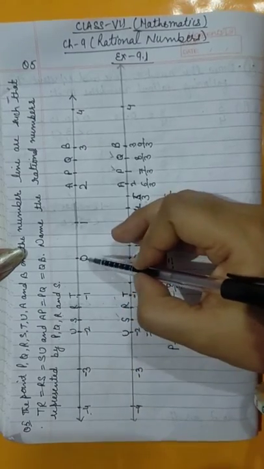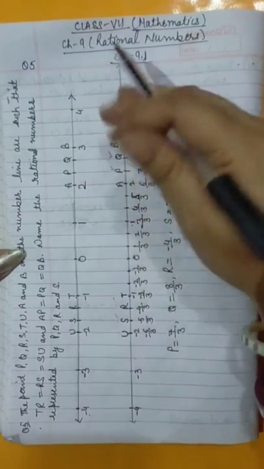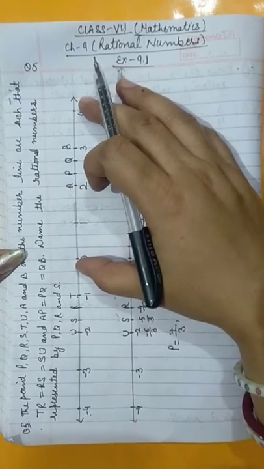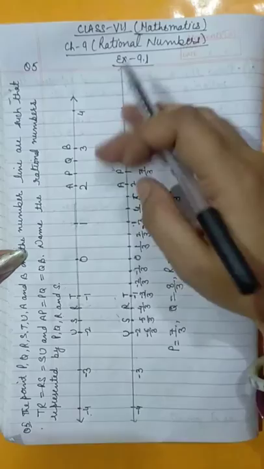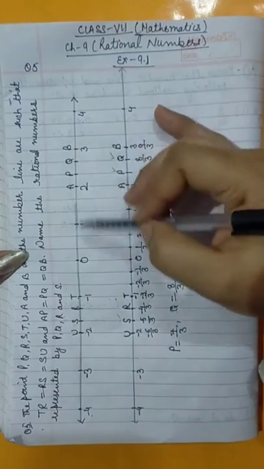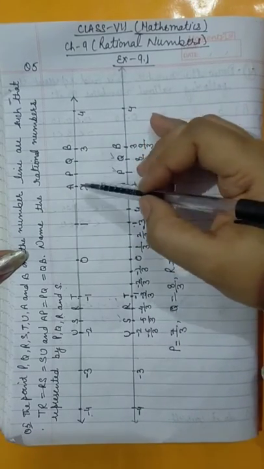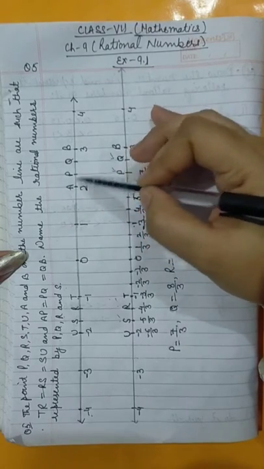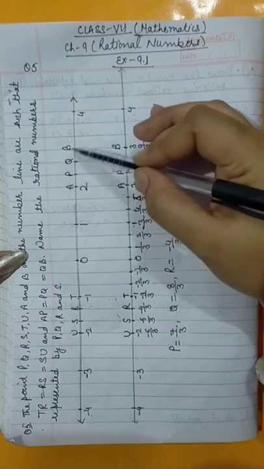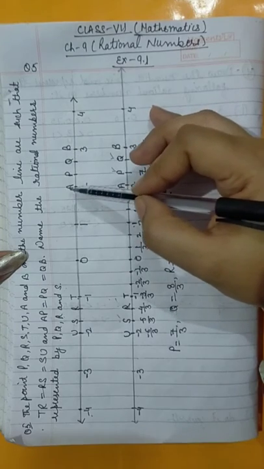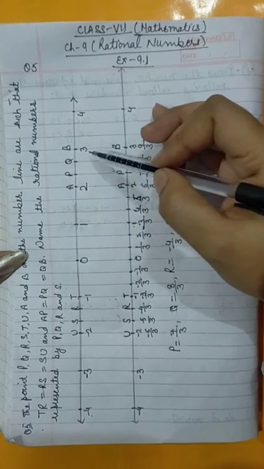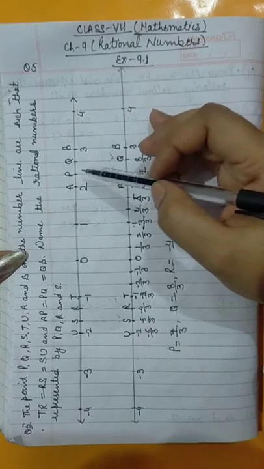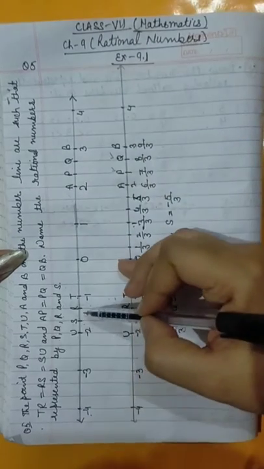And same here 0, 1, 2, 3, 4. This is the positive side, the right side of 0. On this side we have A, P, Q, B. A is on 2 and B is on 3. It means we have to find the values of P, Q, S and R.